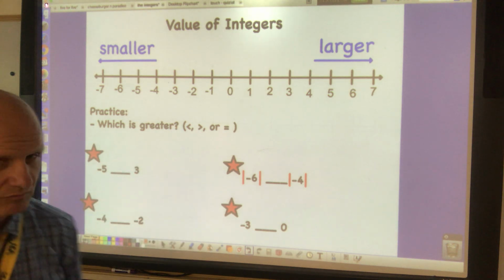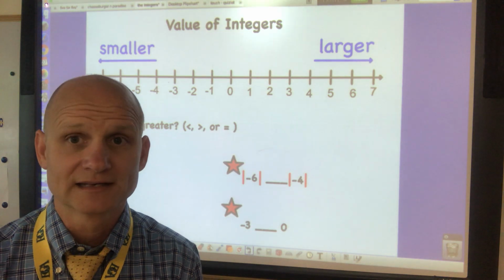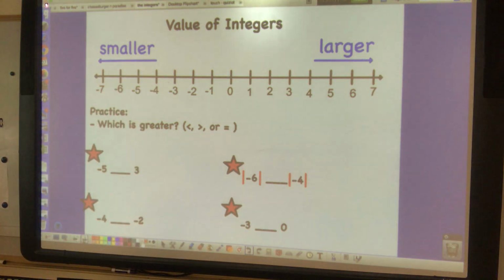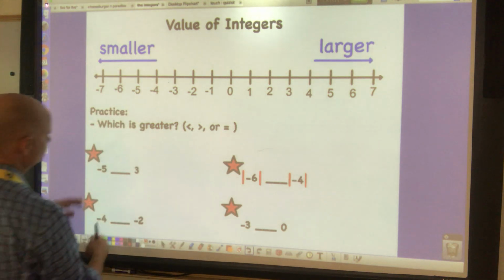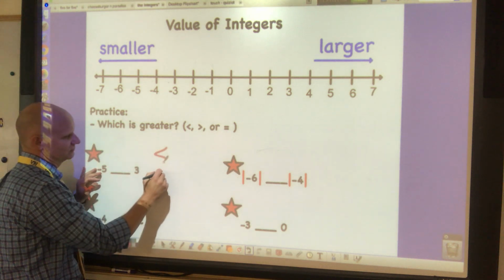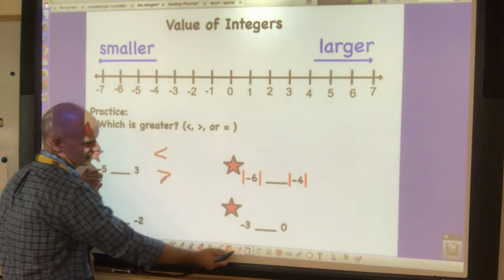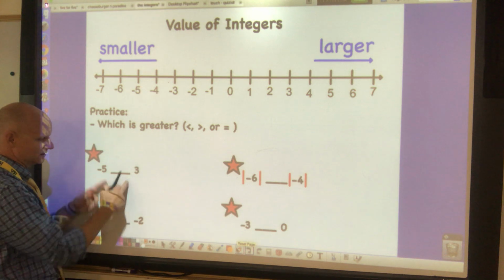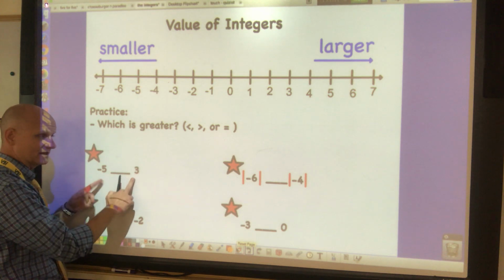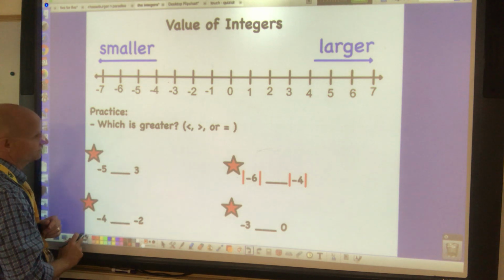We'll discuss them tomorrow. Decide which is greater than, less than, or equal to. Make sure you don't just give me the sign on your paper. Write the problem down so we can discuss it, so you'll remember which one you said is greater than, less than, or equal to.